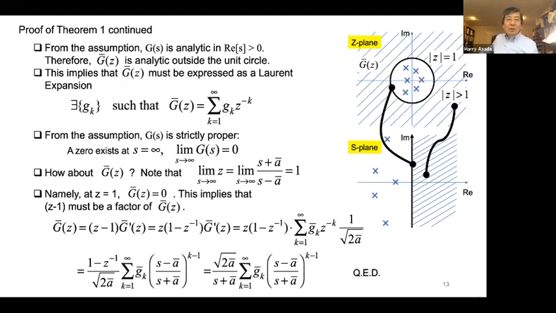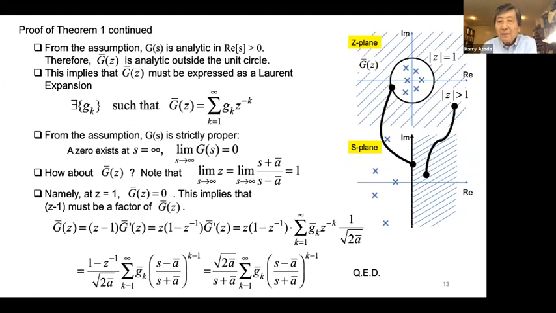Therefore, G bar Z is analytic outside the unit circle, because we did that transformation from S to Z and obtained G bar Z. The right-hand side of the S domain is mapped to outside of the unit circle in the Z plane, so G bar Z must be analytic outside of this unit circle.